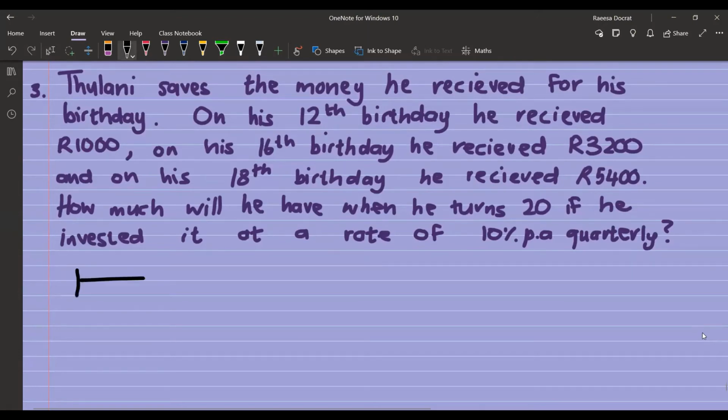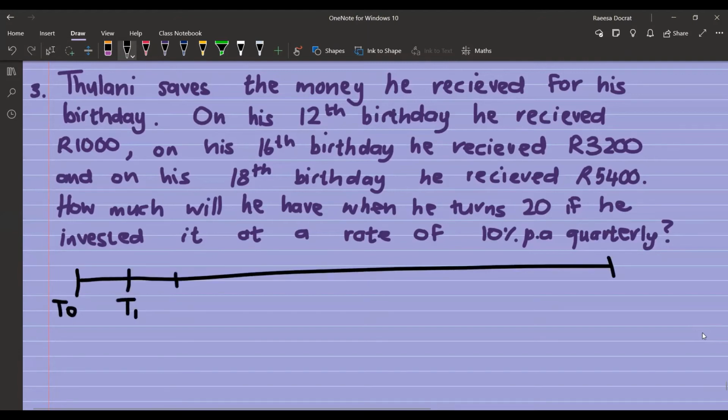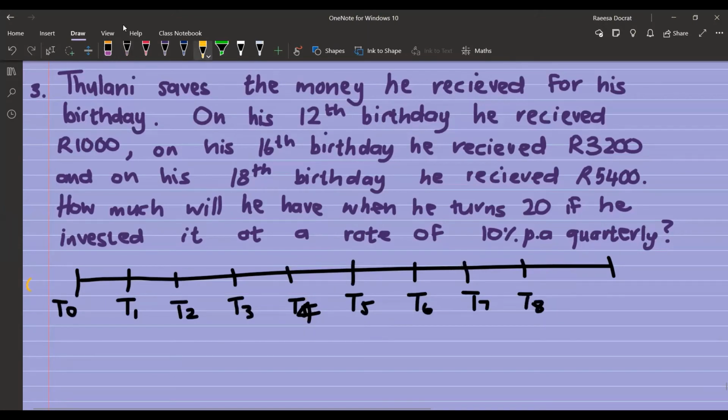So let us put in our timeline. So we have T0, which in this case will be his 12th birthday, then 13th, 14th, 15th, T6, T7, T8. Okay, so this here is his 12th birthday at T0.